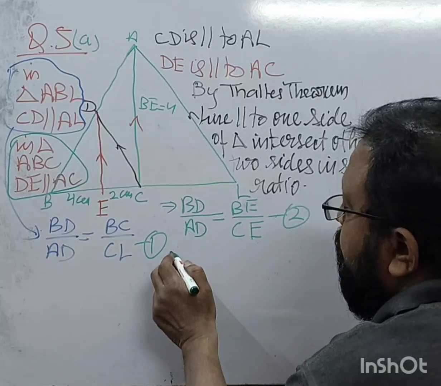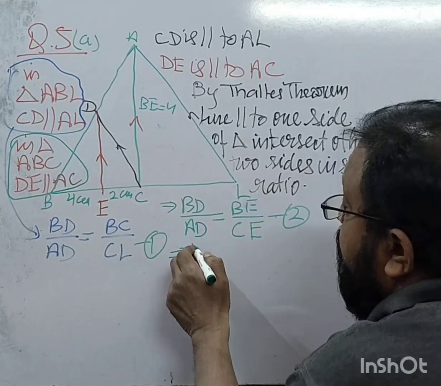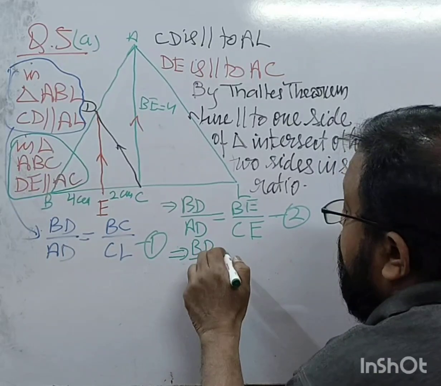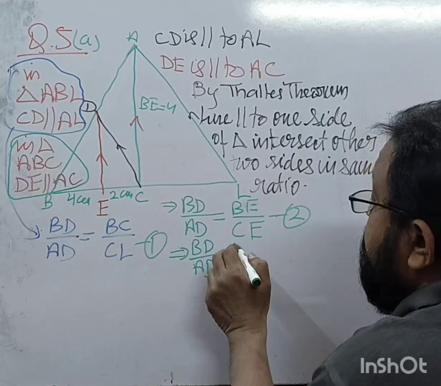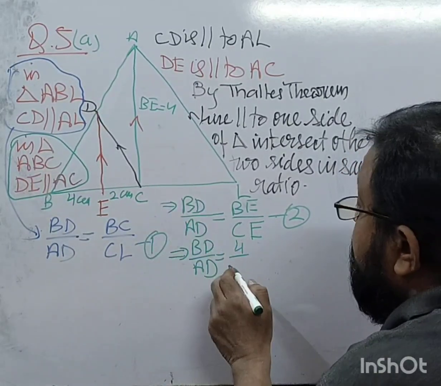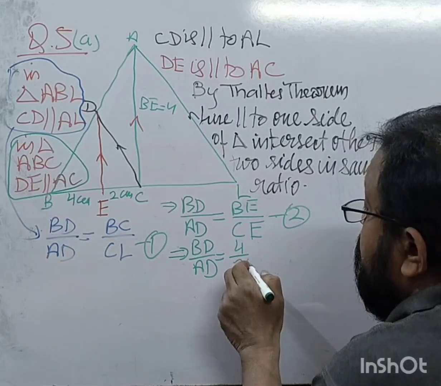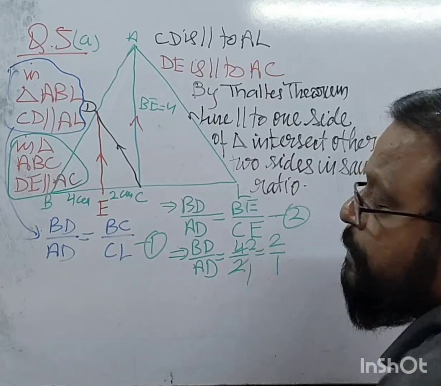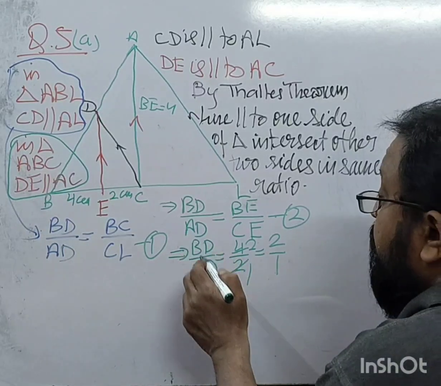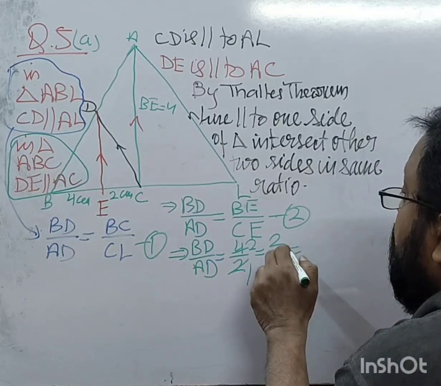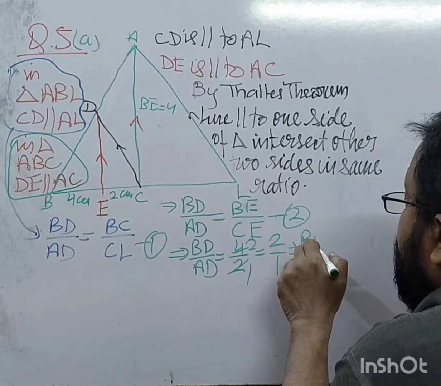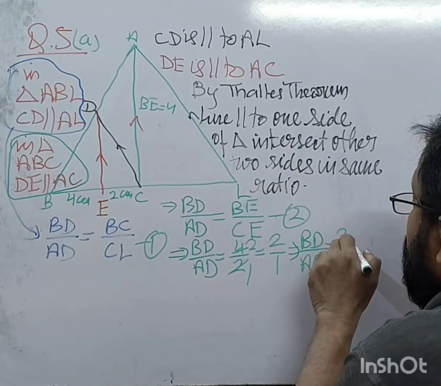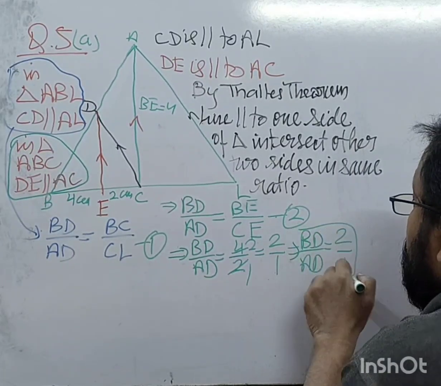So therefore BD upon AD is equal to BE which is 4 and CE which is 2. So it is 2 upon 1. BD upon AD is equal to 2 upon 1.